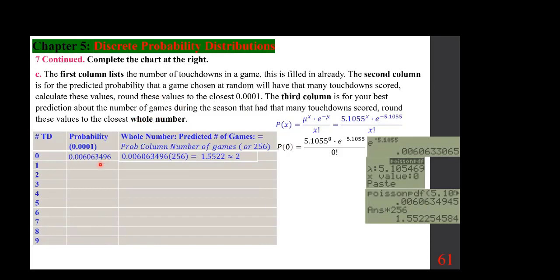What about the second one? Now you're going to go back to this formula and replace this x with number 1, comes up with the answer here, and then multiplied by 256. You're going to continue for all of them. As an example, if you go with the next one and multiplied by 256, you see these two numbers, it's been basically plugged into a calculator.